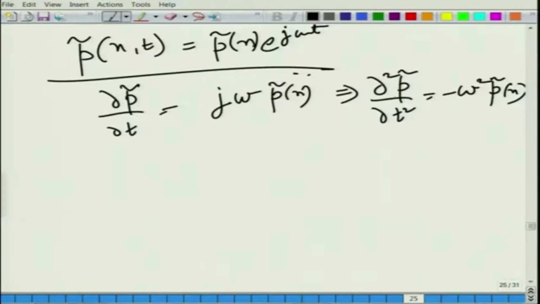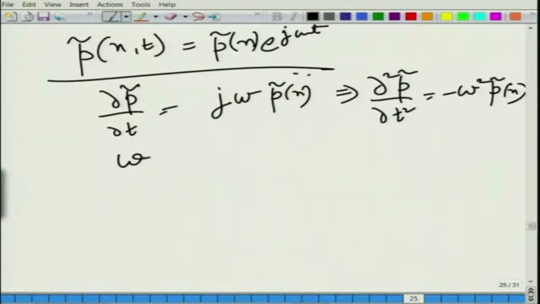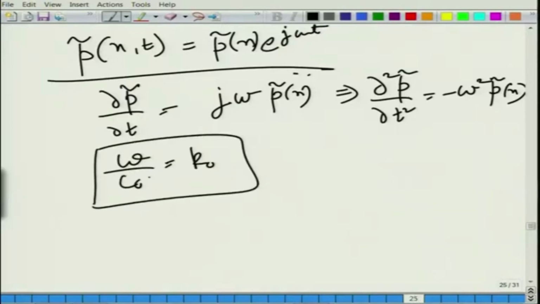So, we substitute back in this equation, and realize that omega by c naught is equal to k naught, the wave number with units per meter, angular frequency by sound speed. Once we substitute that here, we get an ordinary differential equation form.